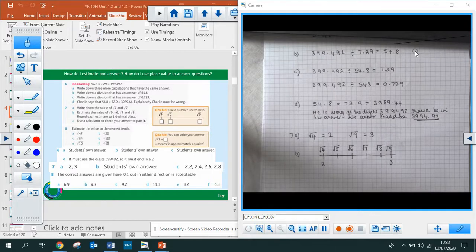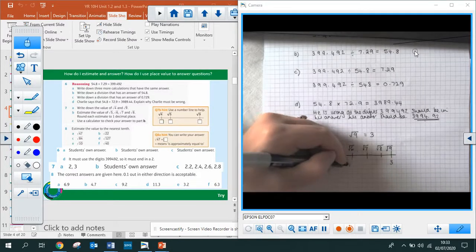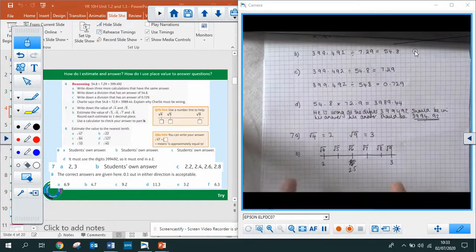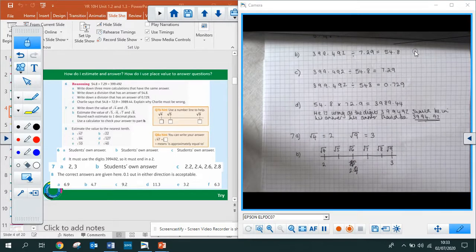I would have gone for roughly 2.5 for root 6, because it's in between the 4 and 7. It's probably more towards 2.4 than 2.5 because it's not exactly halfway between. So 2.4 might have been a more sensible answer there actually. So 2.4 is what I'm going to go for.